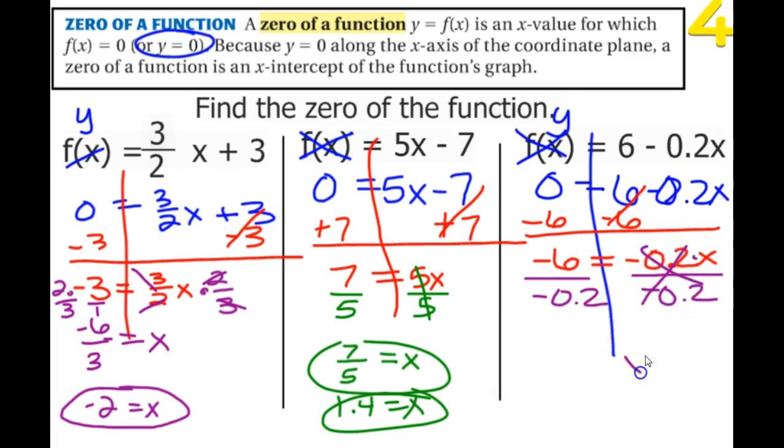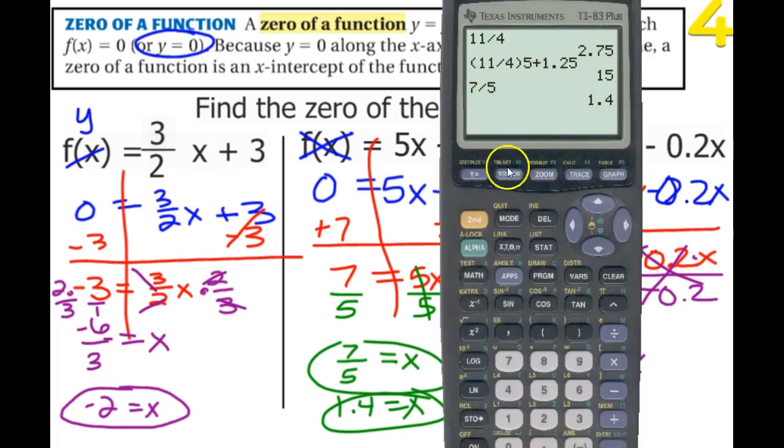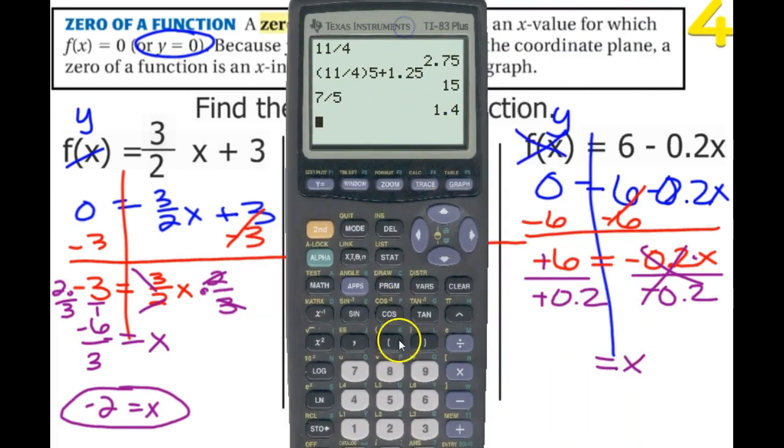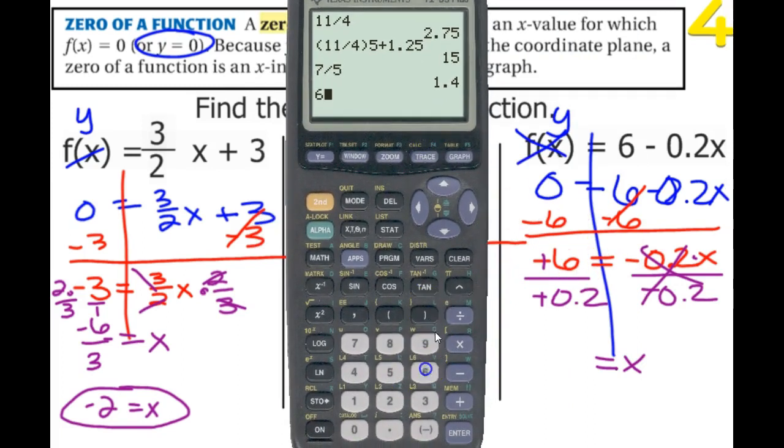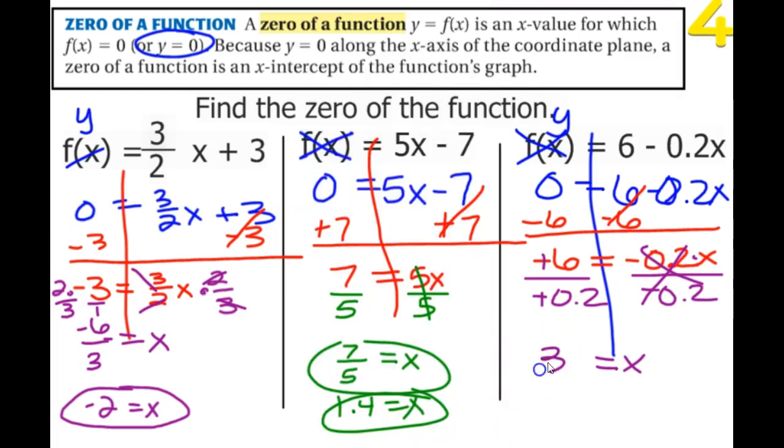So those are gone. I know two negatives make a positive, but I'm going to plug this into my calculator just to double check. I know what the right answer is. 6 divided by 0.2 is going to give me 30. So 0.2 would go into 6 30 times.